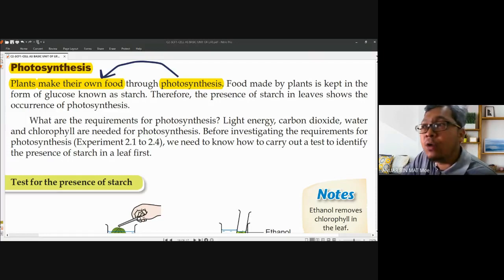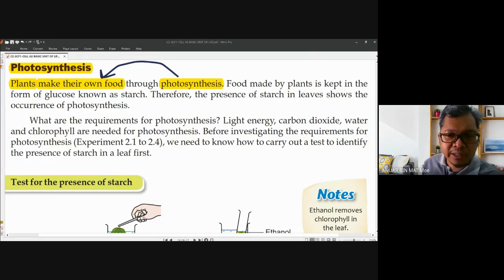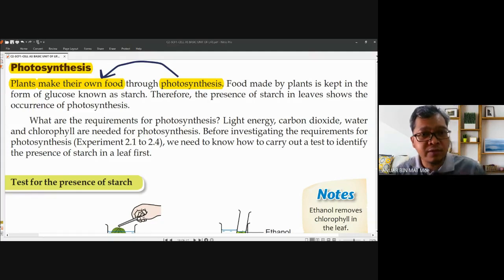We can only prepare the food. For example, if you want to cook something, we only prepare the food. We get the meat from the chicken, and we have the rice from the plant, and then we prepare the food, and then we eat the food.